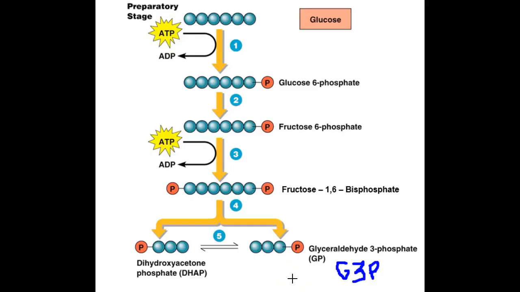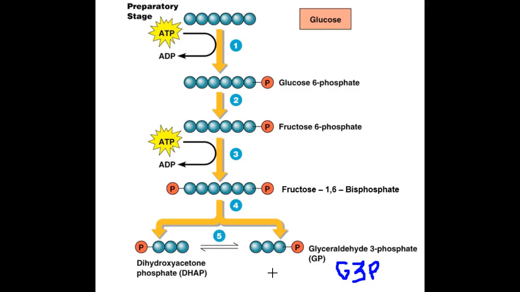But this weird sort of thing happens where almost immediately, if your body needs energy, the DHAP will isomerize and convert into a G3P. So really what we have moving forward after step 5 are 2 molecules of G3P.